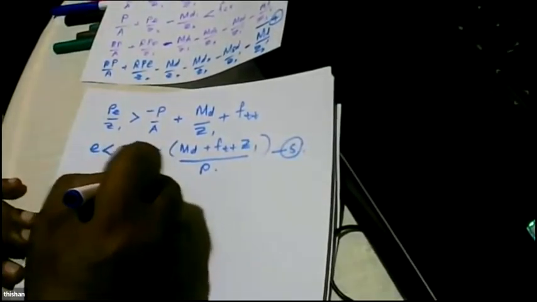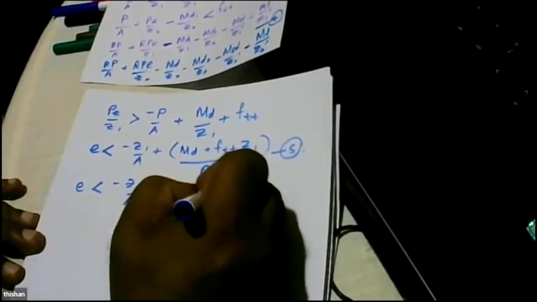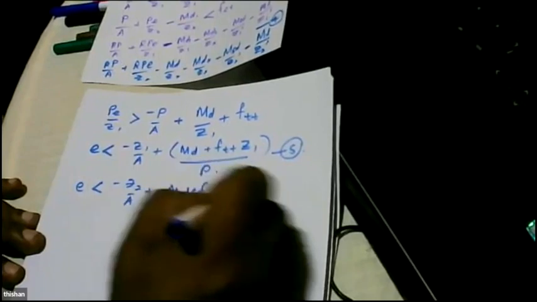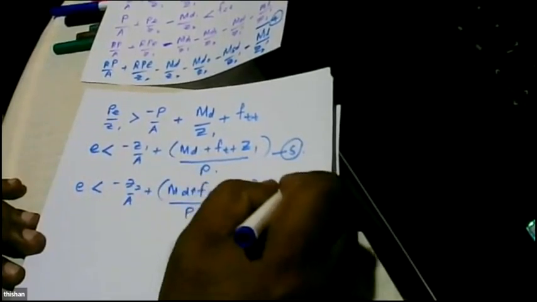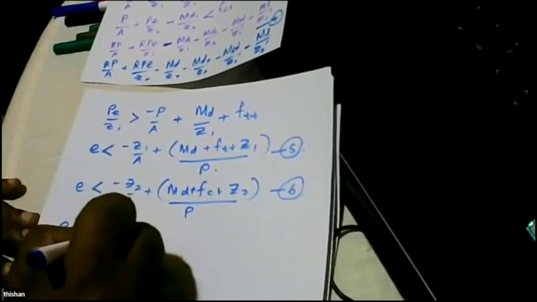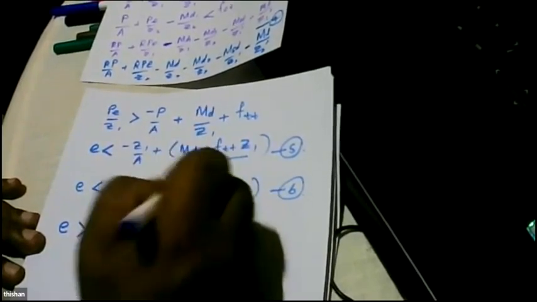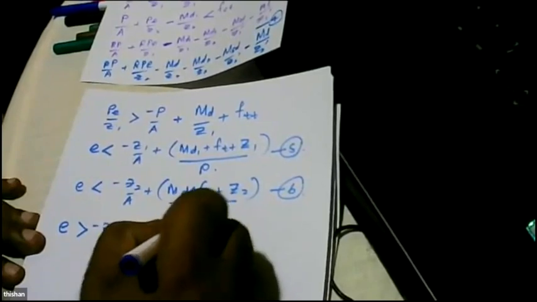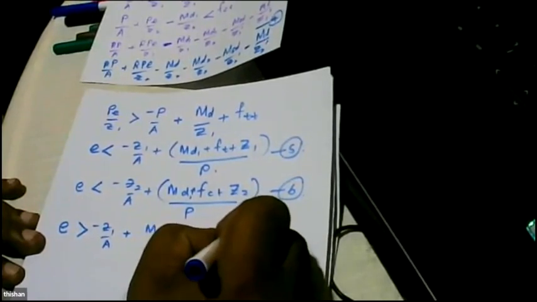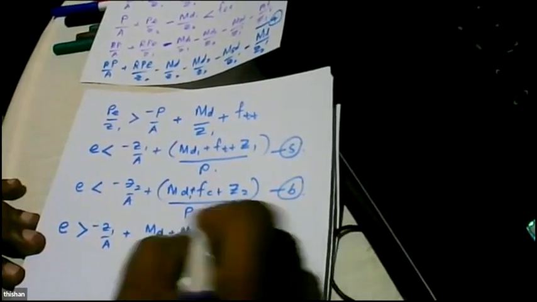Equation number 6 is minus Z2 over A plus MD plus FCT, FCT Z2 over P. Next one is e should be greater than minus Z1 over A plus MD1 plus MD2 plus MSD over Z1 dash.